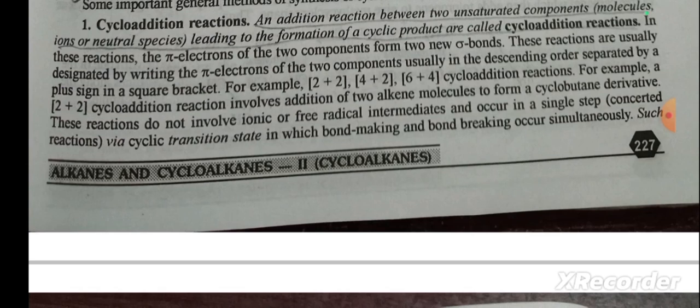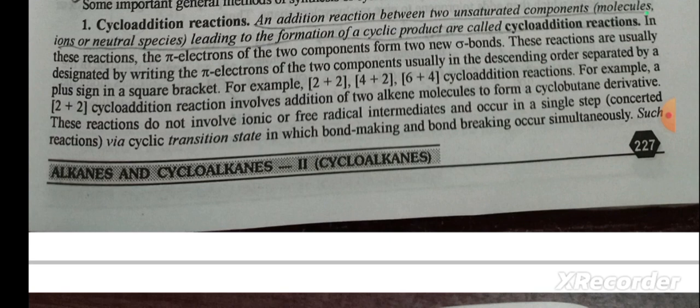In these reactions, the pi electrons of the two components form two sigma bonds. These reactions are usually designated by writing the pi electrons of the two components, usually in descending order, separated by a plus sign in a square bracket.